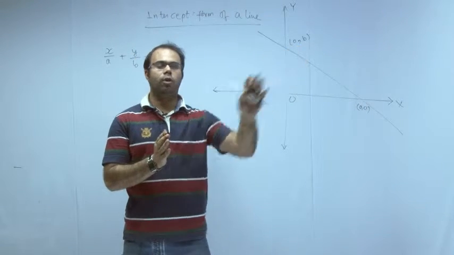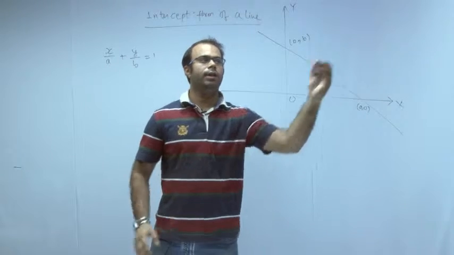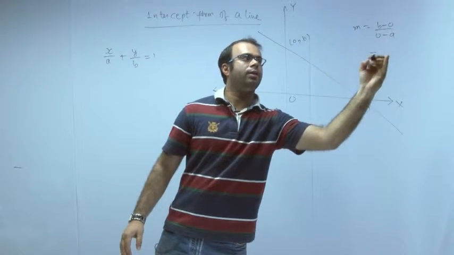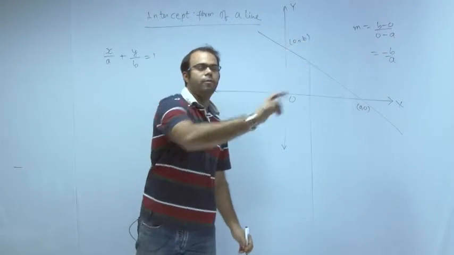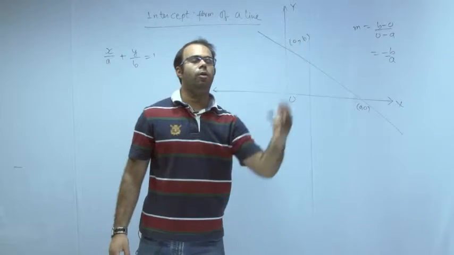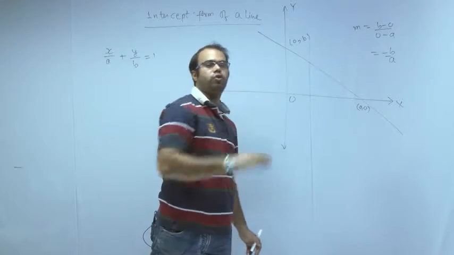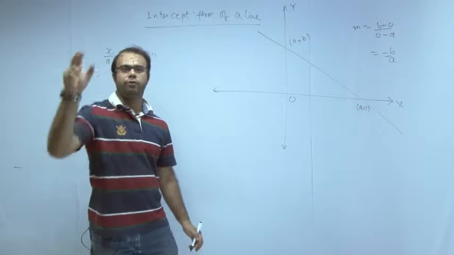Point on the line is 0 comma b, and the slope of the line can be calculated from these 2 points, that is b minus 0 by 0 minus a, that is minus b by a. This is the slope of the line, and the point on the line is 0 comma b. Now you can form the equation of the line with the help of the point and the slope, and you can find the final result which will come in this form.